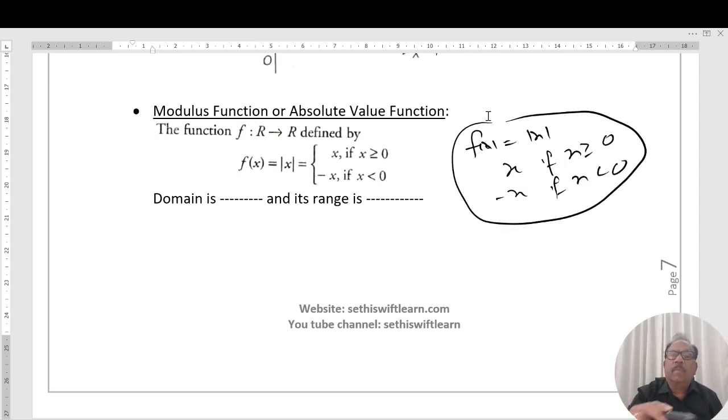Domain of this is R and range cannot be R because the answer is always positive. Positive means 0 to infinity. 0 will be taken in the closed interval. Infinity is never taken in the closed interval.